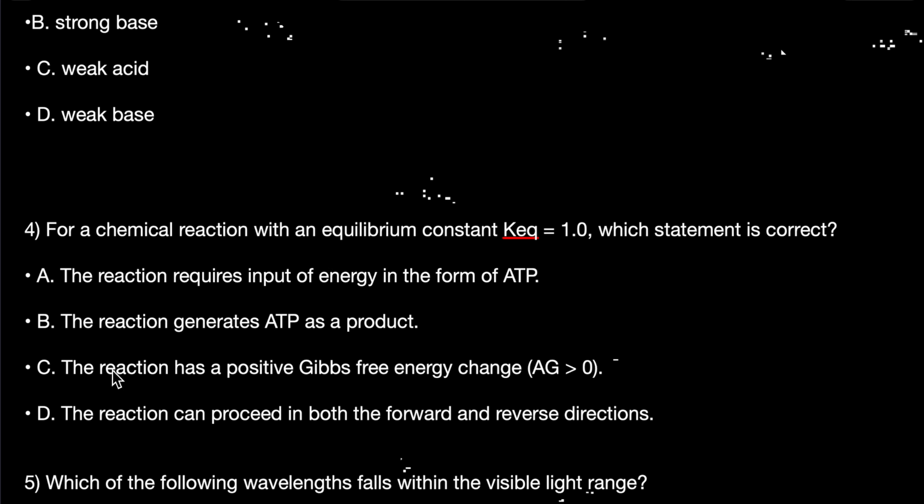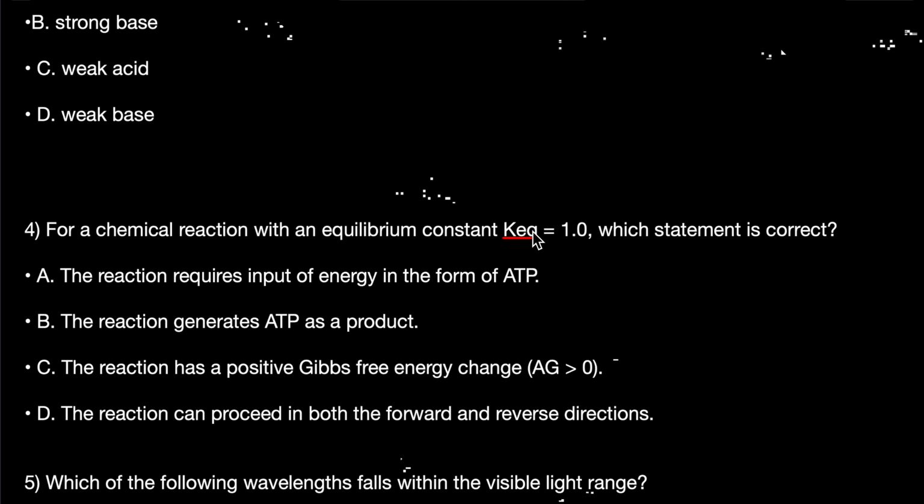C. The reaction has a positive Gibbs free energy change. No. Positive Gibbs free energy change means that the reaction is non-spontaneous. But we know that the reaction is at equilibrium, which means it's neither spontaneous nor non-spontaneous. Also, let me give you a quick trick. If you want to memorize Gibbs free energy and equilibrium constant, know that they're kind of opposite of each other.